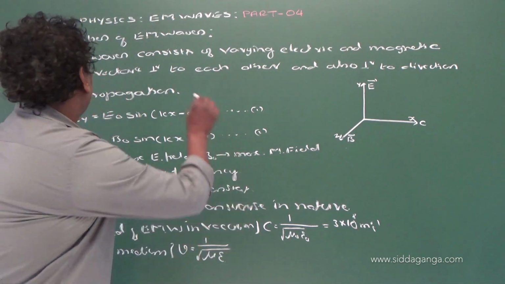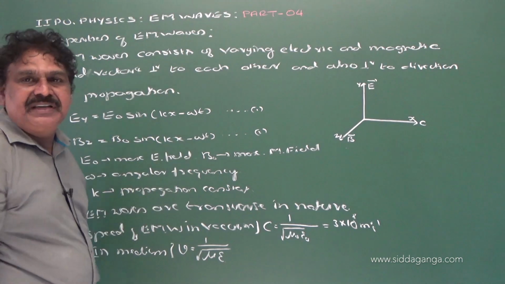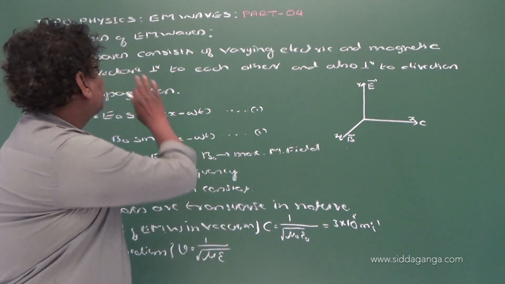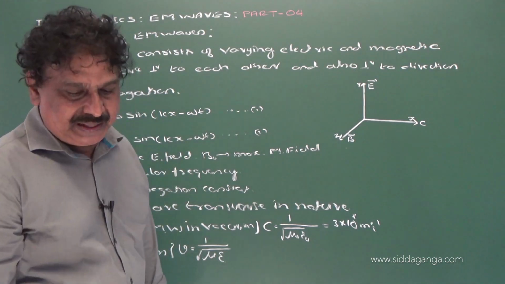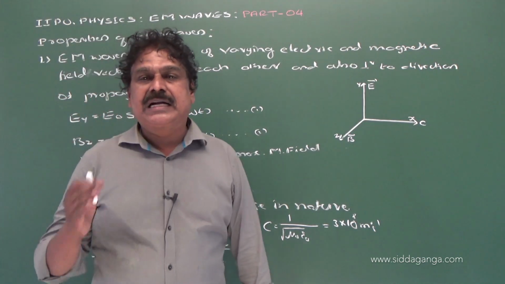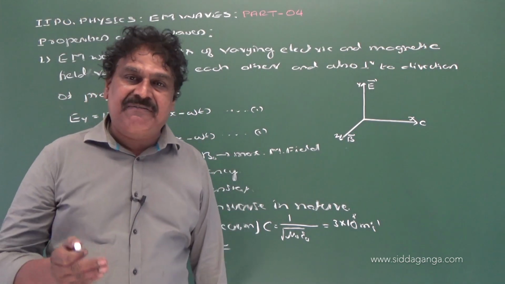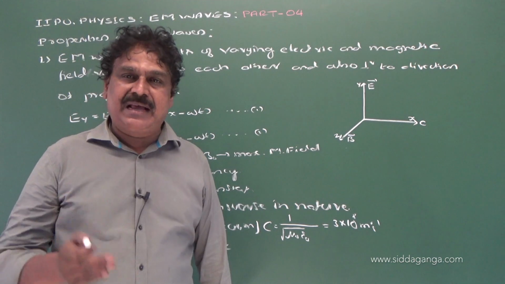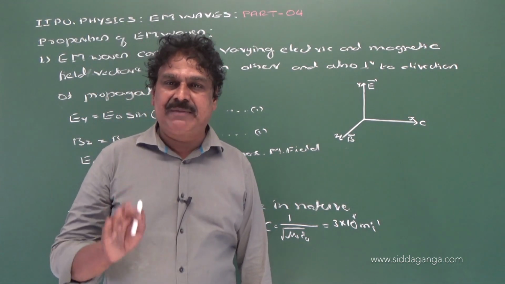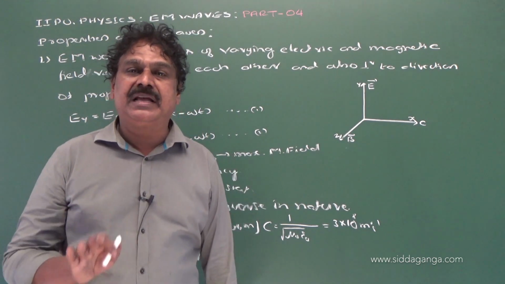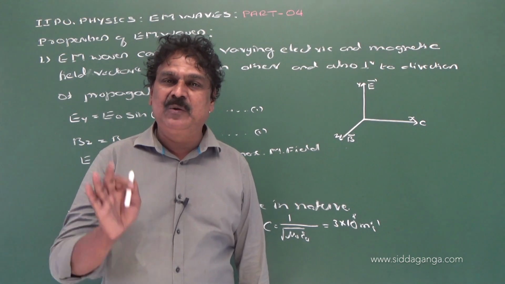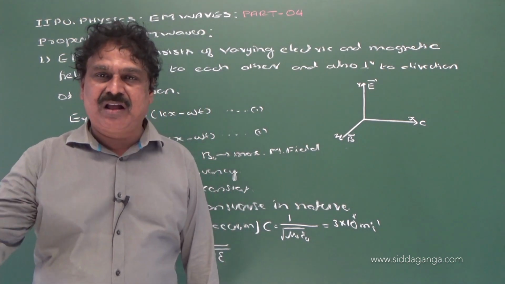Now the properties of electromagnetic waves. The first property is that electromagnetic waves consist of time varying electric field and magnetic field vectors oscillating mutually perpendicular to each other and also perpendicular to the direction of propagation of the wave.